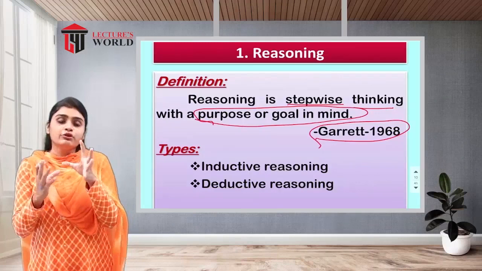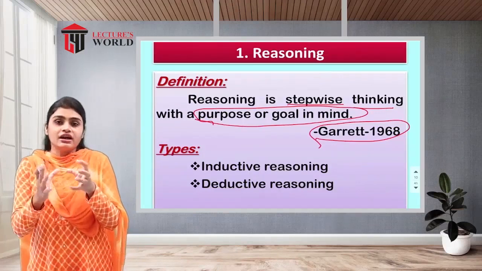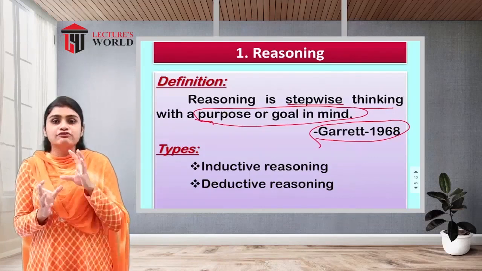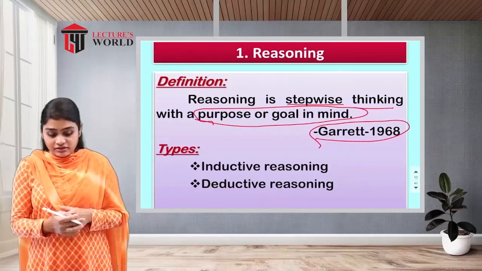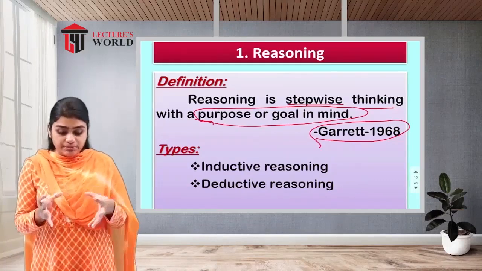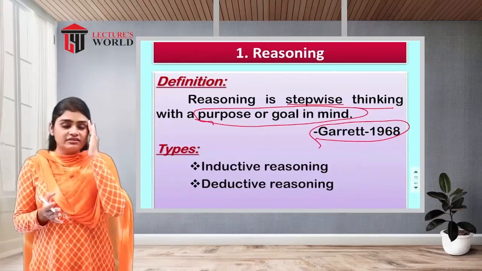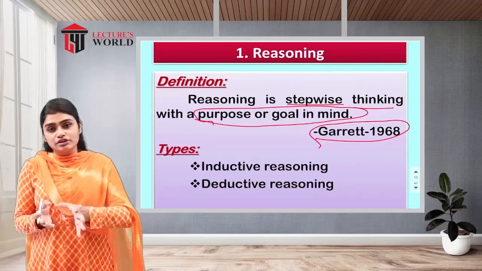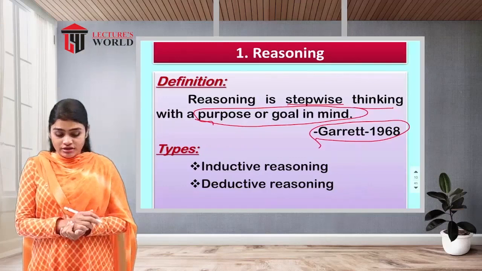We are giving some proof, some reasons, some strengthening things so that we can achieve our goals and fulfill some requirements. So that is called reasoning: stepwise thinking with a purpose or goal in our mind. We have that specific goal, and only for that particular purpose are we going to think. So that is called reasoning.